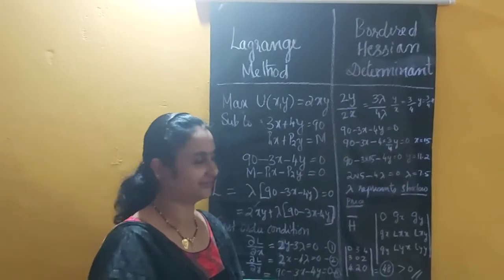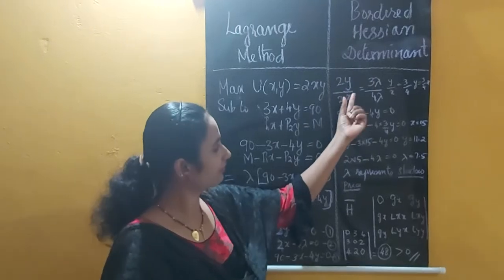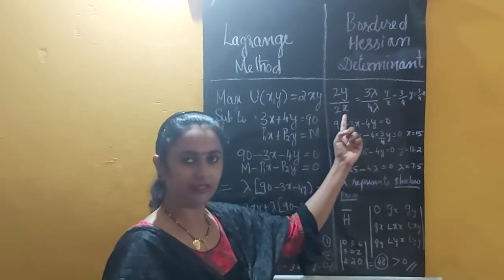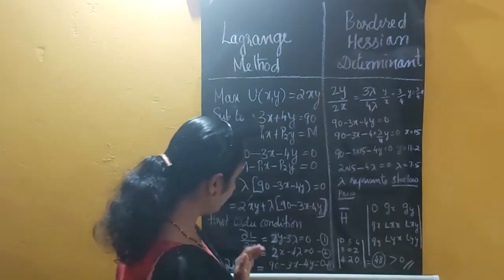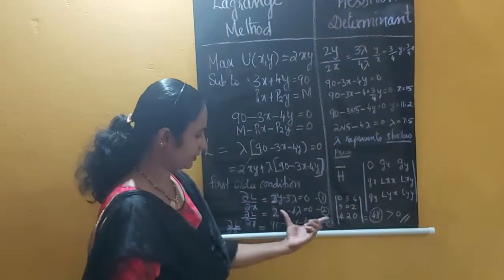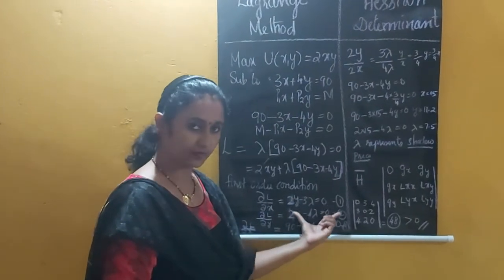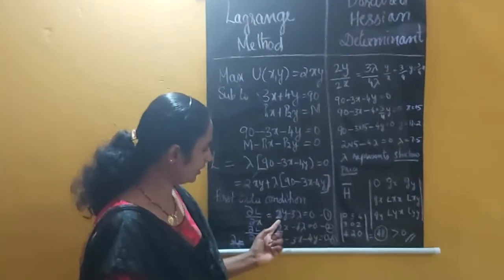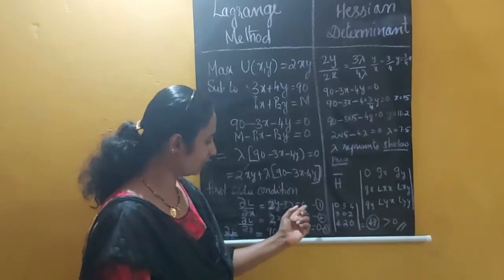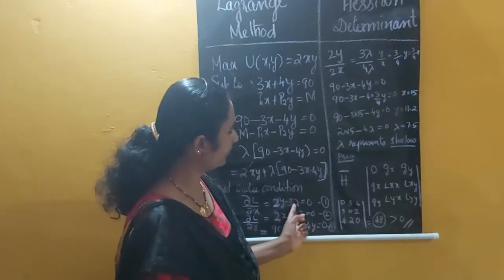Now we are deriving the values of y and x. So from equations 1 and 2, when we equate them, that is, 2y minus 3 lambda equal to 0, we will get 2y equal to 3 lambda.